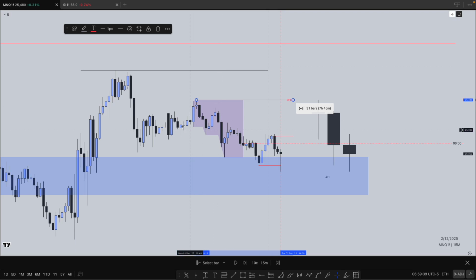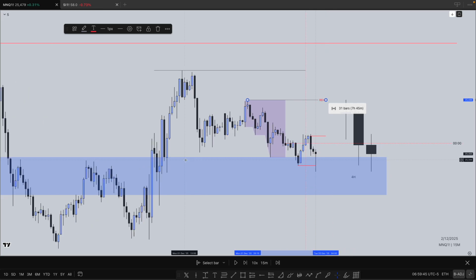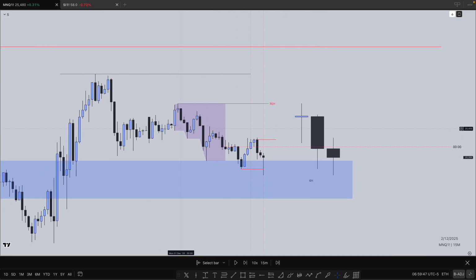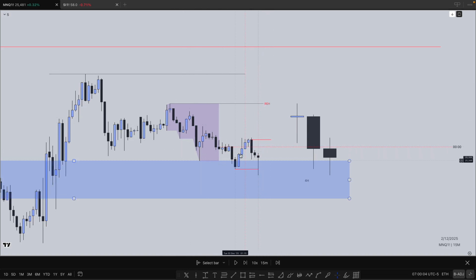What I'm looking at right now is that since price has traded into this inversion, as well as that volume imbalance, I'm looking for a market maker model to deliver from that volume imbalance to the buy side liquidity. Since we had taken out all the sell side liquidity, you can see here, here, as well as here. This change in state of delivery on the 50-minute chart is telling me that price has shifted from accumulation to distribution.